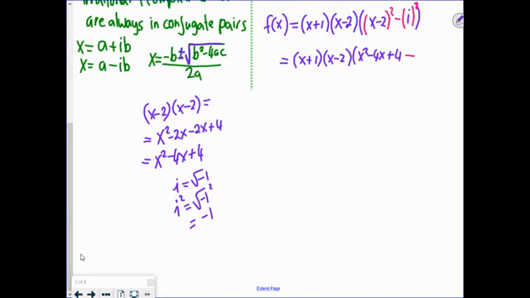So we're subtracting negative 1. So that gives us x plus 1, x minus 2, x squared minus 4x plus 4, minus 1 is like plus 1, so 4 plus 1 is plus 5. That's this one. So let's do some practice.